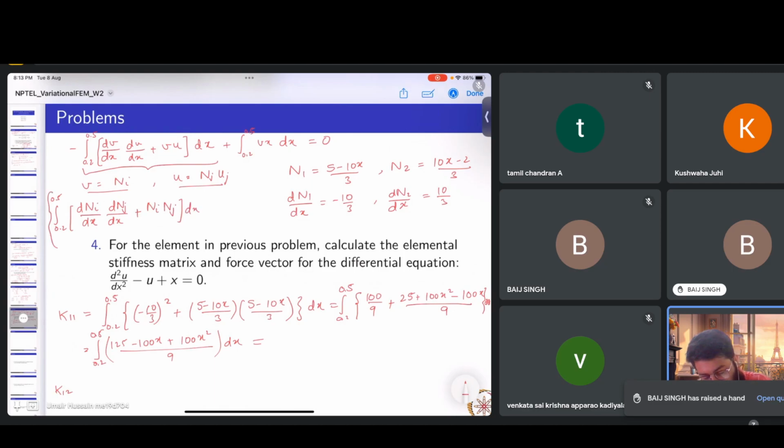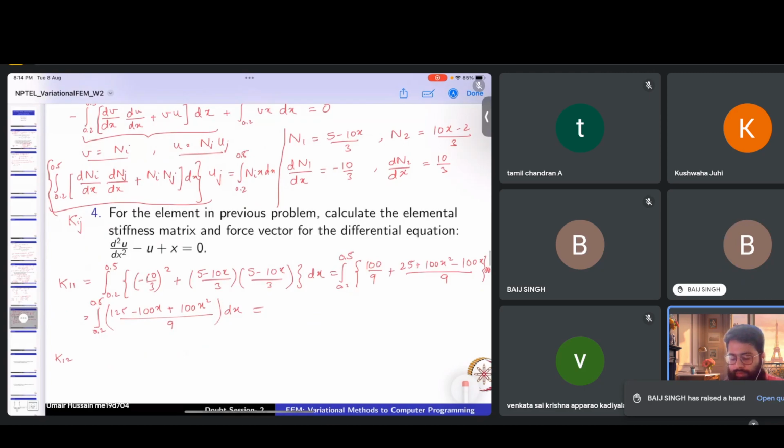This whole term times Uj equals Ni x dx. So this actually is our Kij matrix. If we have i equals 1, j equals 1, we'll get K11. That's how we did it.